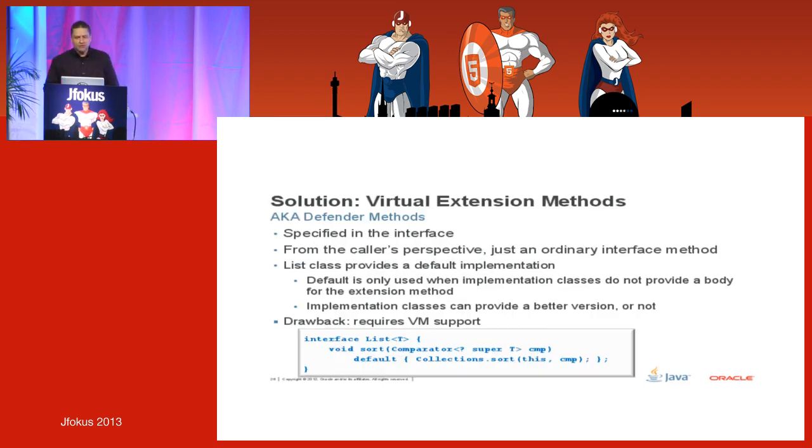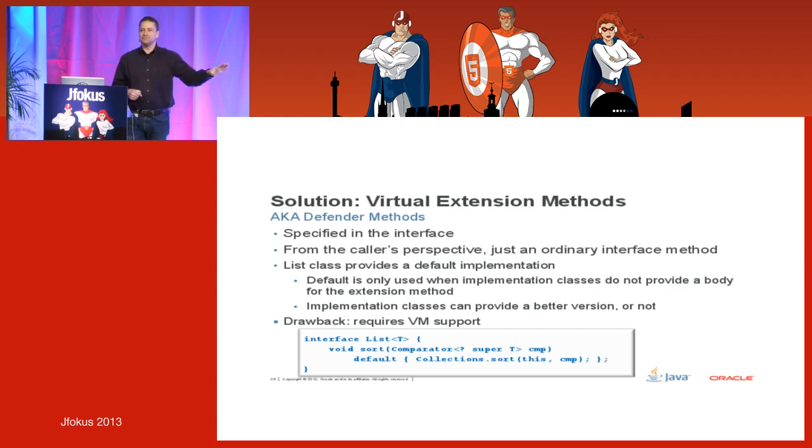Well, the simple solution is to add virtual extension methods, also known as defender methods in some places. We specify them in the interface. We're adding new methods in the interface, but from the caller's perspective, this is just an ordinary interface method, so they don't have to worry about doing anything clever. They simply say, I want to call filter, I want to call map.